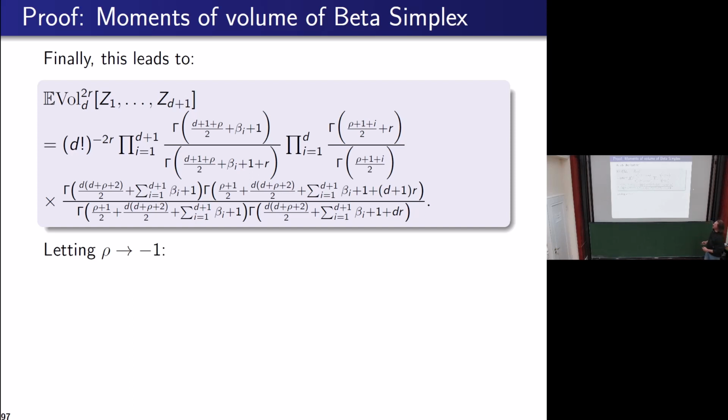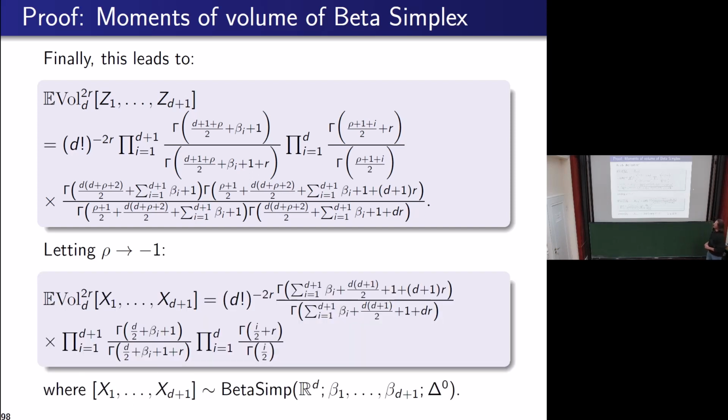Letting rho go to -1 gives us this formula, which is a little bit more concise. We would need to argue that the convergence in distribution holds, which follows from the beta distribution converging as it goes to -1, and then everything is bounded because we have volumes inside of the ball, so we can apply dominated convergence. And this then gives us that the expectations converge and gives us this formula.